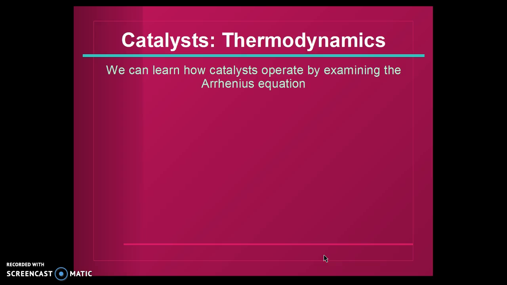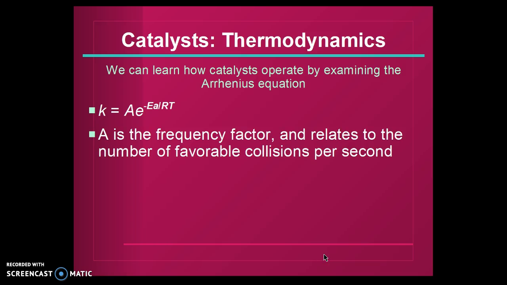Now, how is it that catalysts operate? What are the thermodynamics of the process? Well, we look at the Arrhenius equation. k = A e^(-Ea/RT). A is the frequency factor.